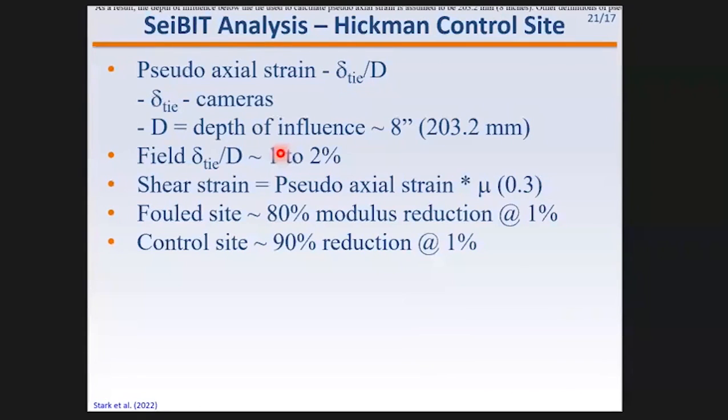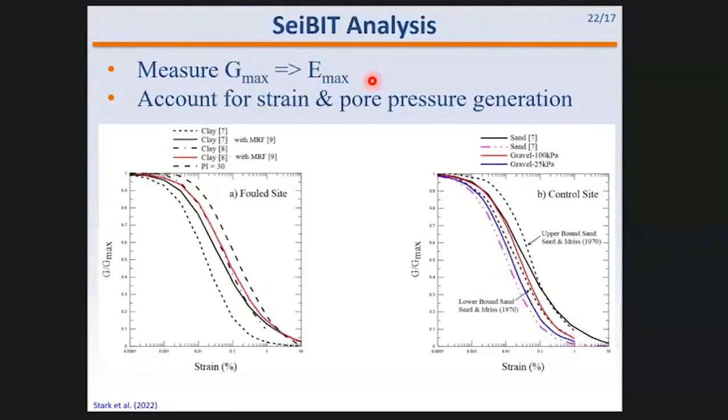So that's what's next. And that's why I converted this tie displacement to an axial strain, because the modulus degradation relationships are based on strain. So here they are. On the left is the fouled site modulus reduction relationships. On the right are the control site, or clean ballast site. So that's more like a gravel.